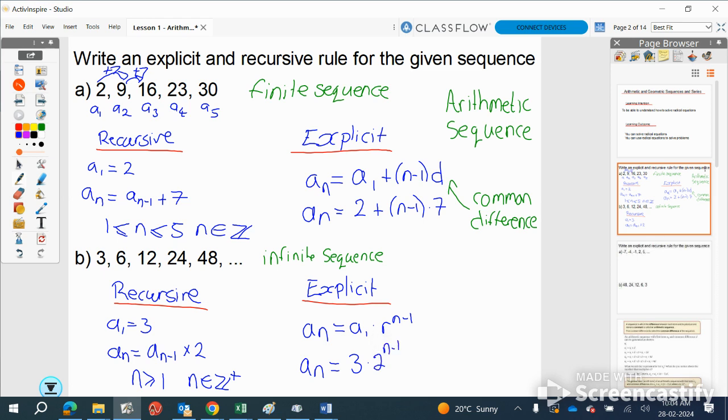Something else that will help you with this is another formula for the common ratio. The common ratio, and the reason it's called the common ratio, is given by an divided by an minus 1.